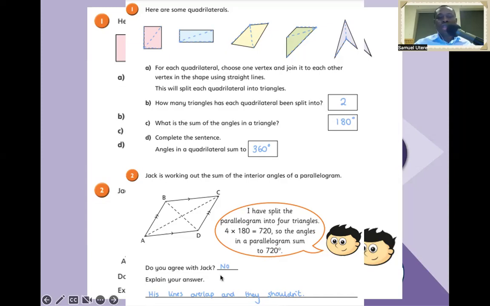Of course, we disagree with Jack. Why? We know that the quadrilateral can only be split into two triangles. This is not how to split it into that number of parts. And we've just learned that the sum of the angles in a quadrilateral, of which this parallelogram is one, is 360 degrees.